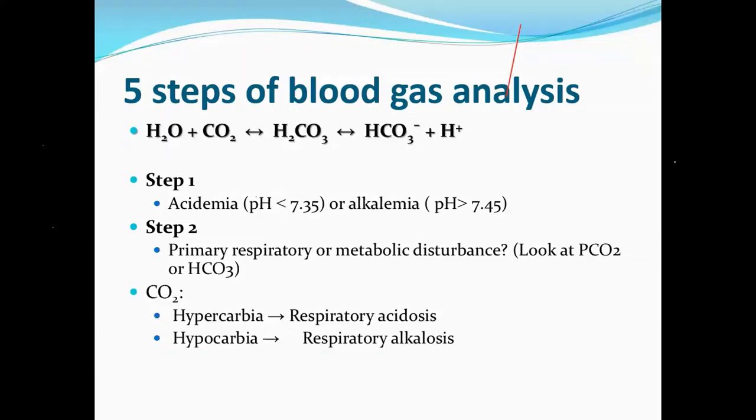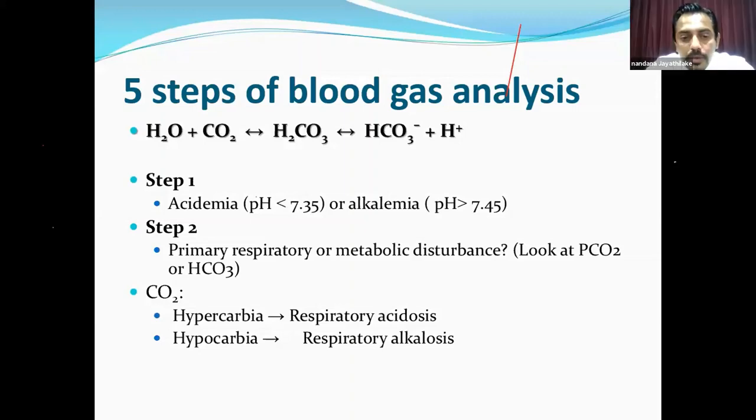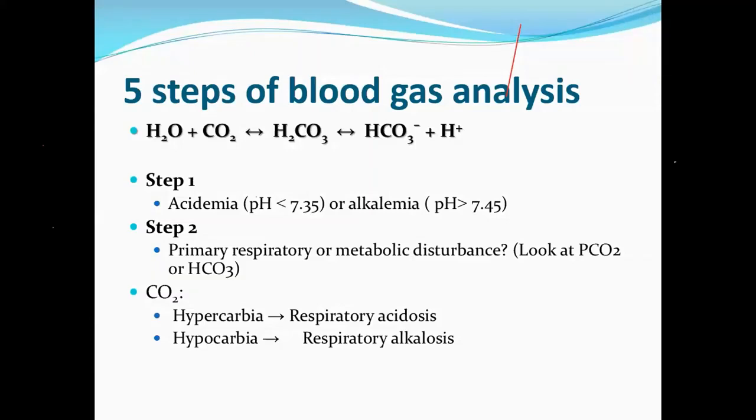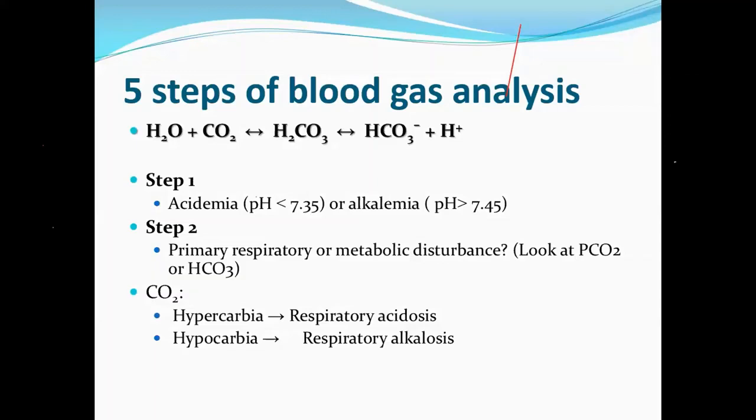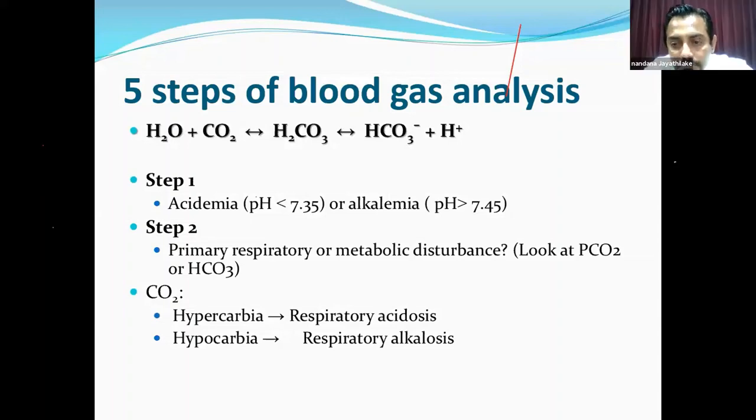Step 2. Now we have to find the cause for this acidemia or alkalemia, whether the primary cause is respiratory or metabolic. Just look at your carbon dioxide and bicarbonate.